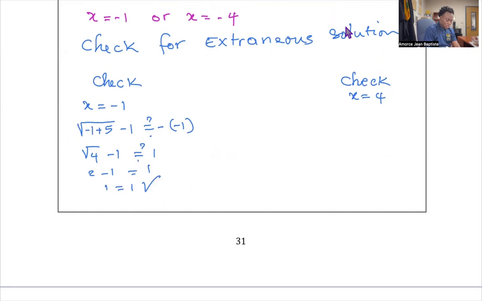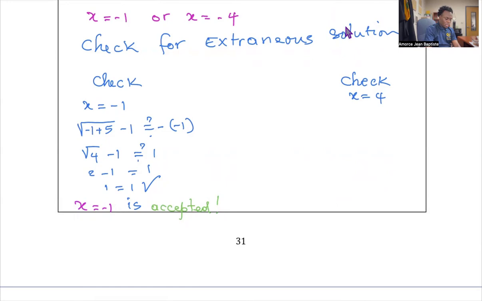This one checks. So x equals -1 is accepted. I like to put it in green when it's accepted. And then that's the solution we accepted here.